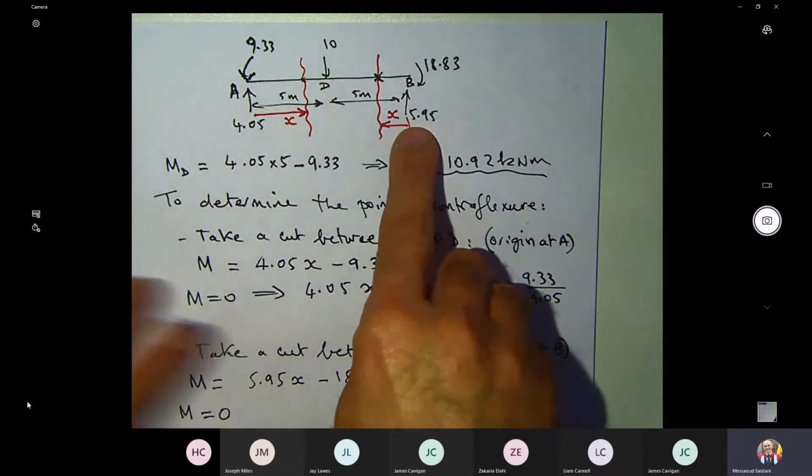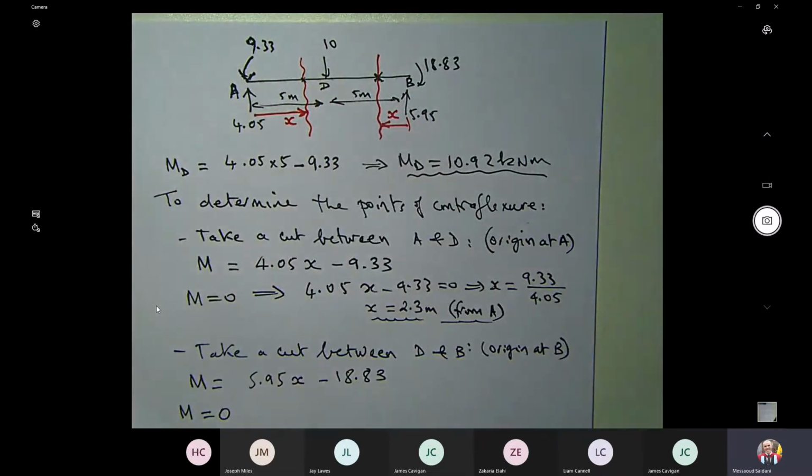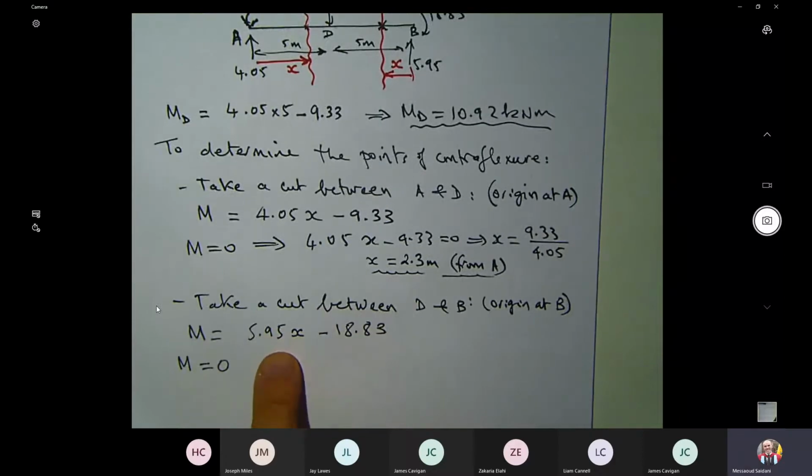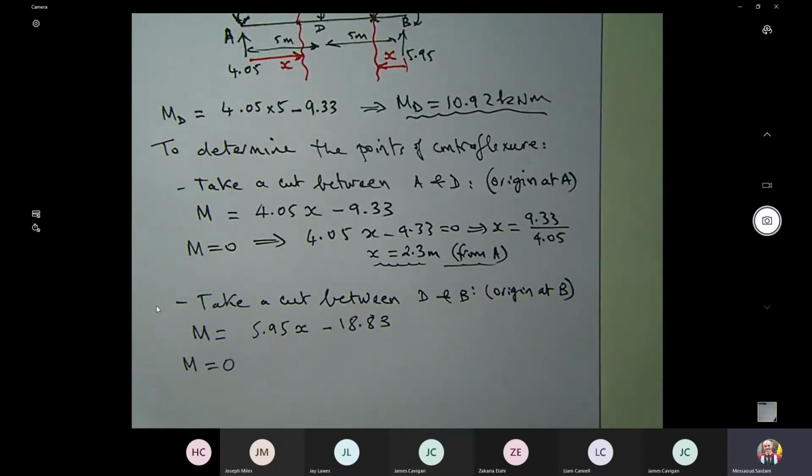Whereas this reaction here makes the beam sag. So it's positive. Is that clear or not? I know it's like two different conventions. You have the clockwise, anti-clockwise, and you have the sagging, hogging convention.